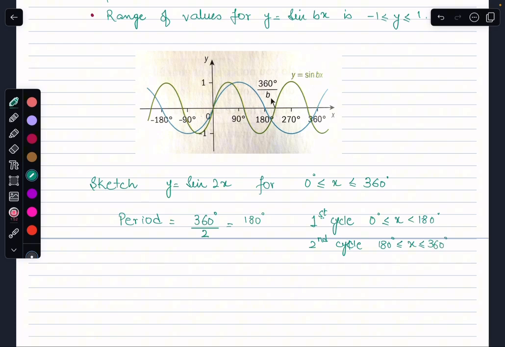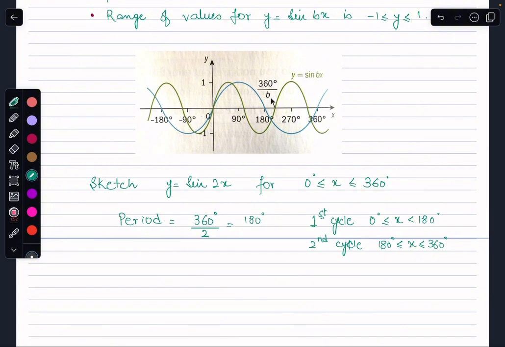That is why I used the word squeezed. In 360 degrees I will be making two cycles, the first cycle from 0 to 180 degrees and the second from 180 to 360 degrees.